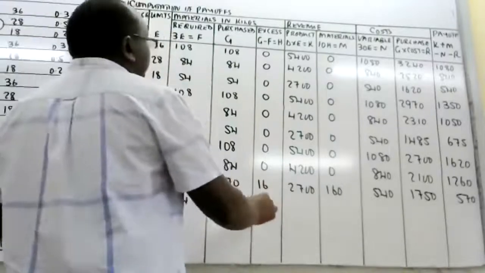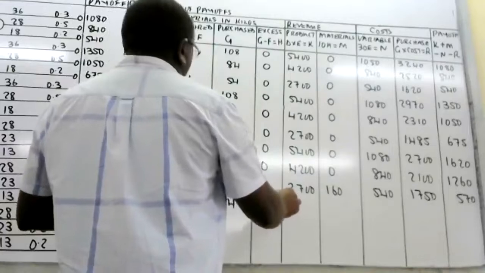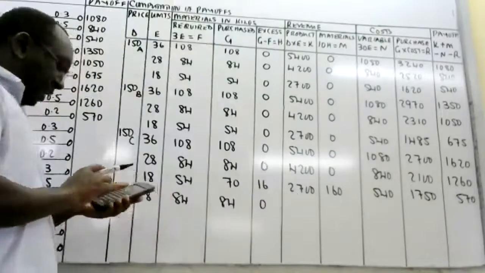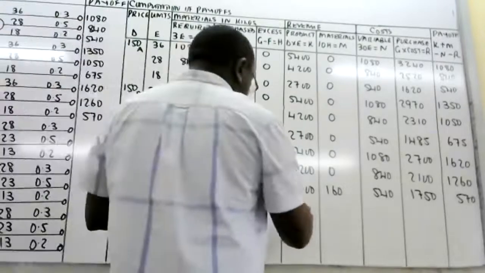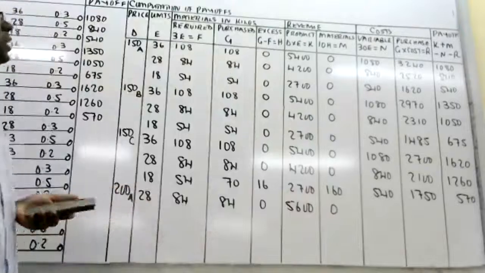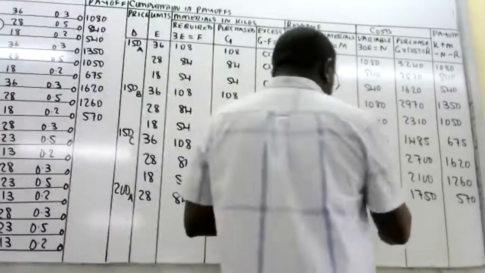And then the revenue will be 28 times 200. That is 5,600. And there is no material revenue. So the variable cost will be 30 times E. E is 28. That is 840.